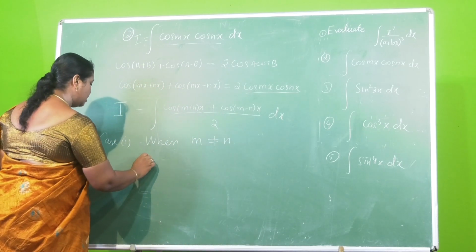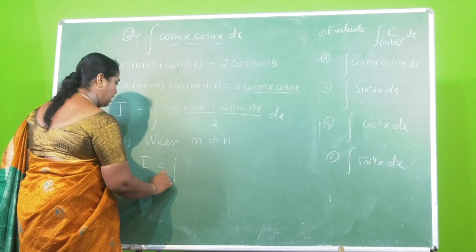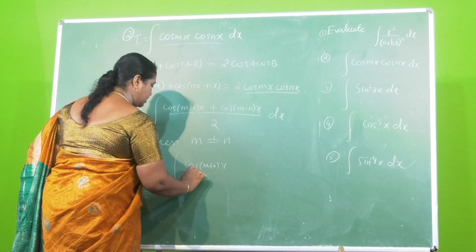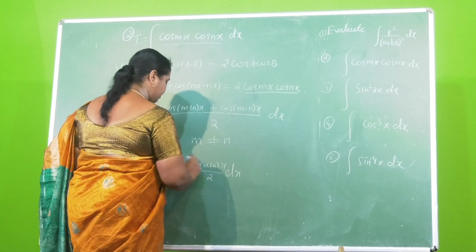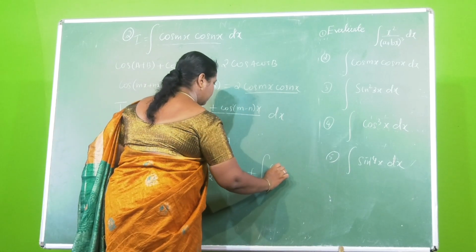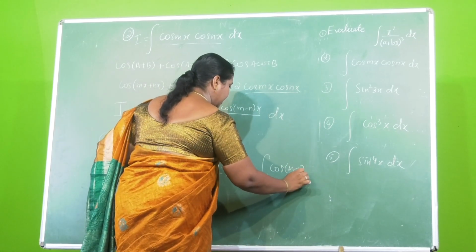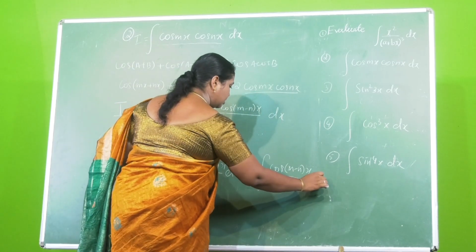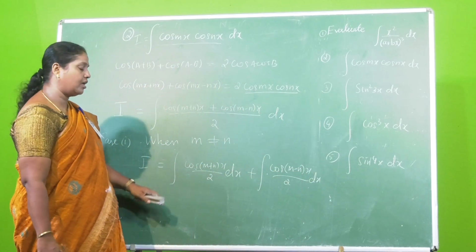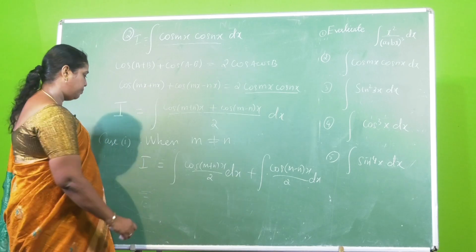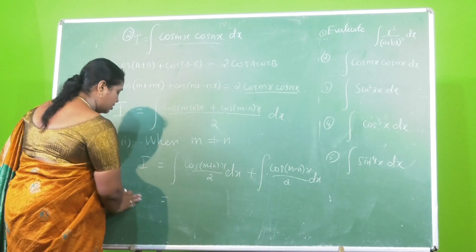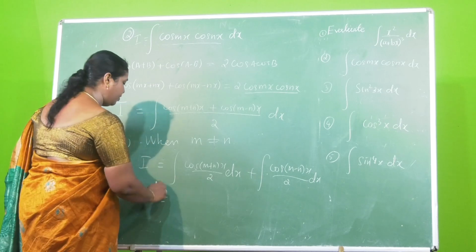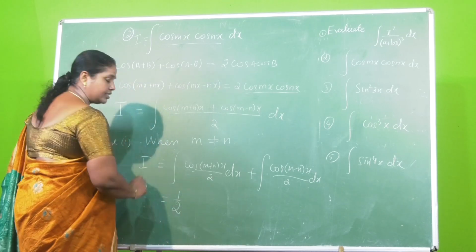So then I is equal to the integral. We can write these integrals separately. You can do the integration keeping the two terms in the same integral also, but to get a feeling of the basic formulas, we are writing them separately. So this integration will be: 1 by 2 is a constant, take it outside.